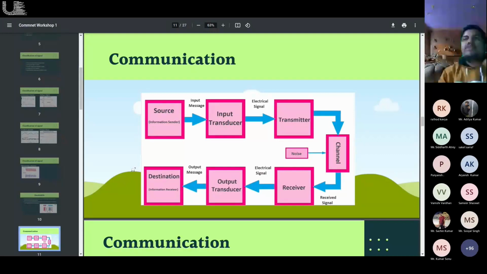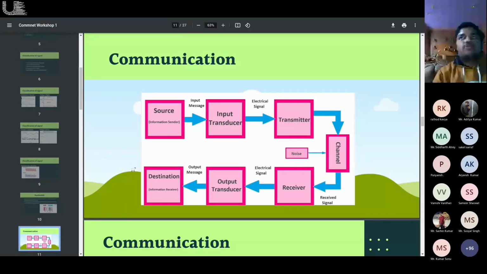We can use some channel where we can minimize the noise to a value which can be ignored, like optical fiber. I don't think there is much noise in the optical fiber, but in the atmospheric channel there is much noise, and we can reduce it, but we cannot totally eliminate it. Elimination is not possible.